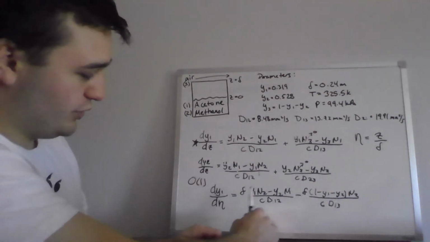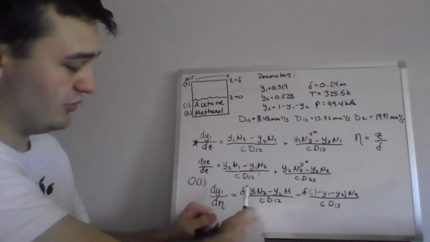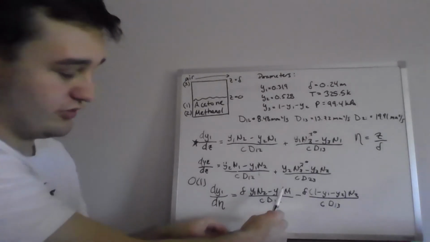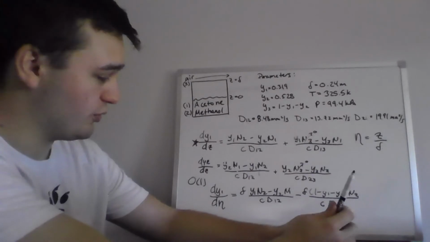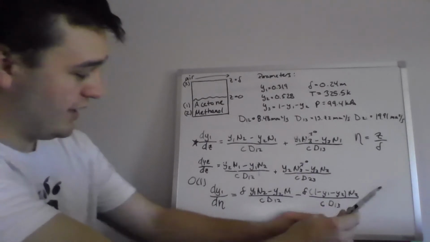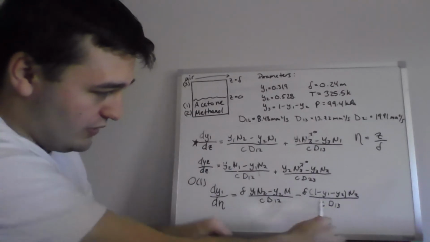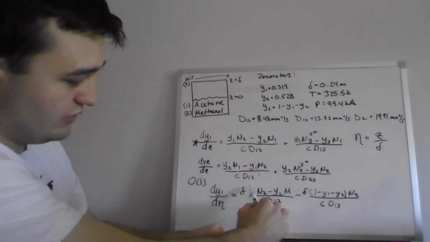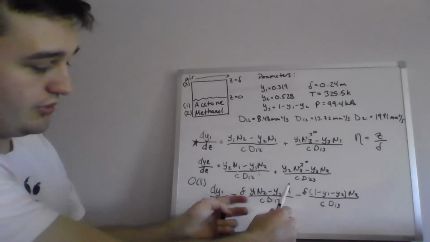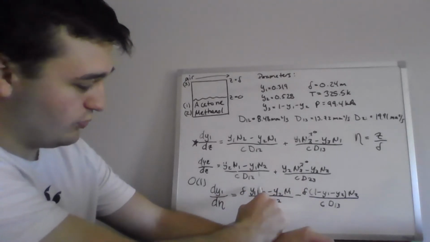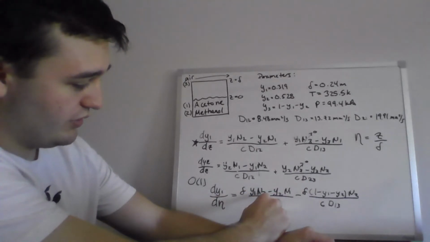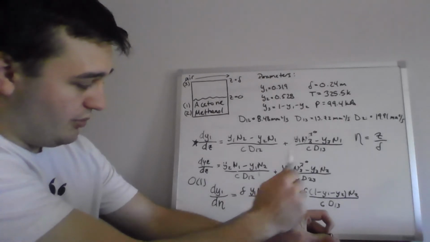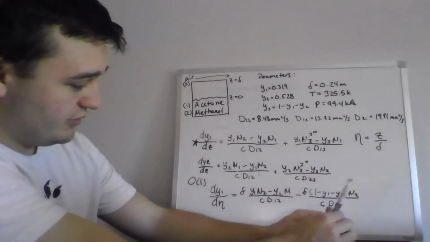So now, back to the order of magnitude estimate, we know that delta is order of magnitude 1. Mole fractions, like I said, have to be between 0 and 1, so the order of magnitude is also 1. Since these are already order of magnitude 1 on the top, we're trying to guess what the order of magnitude of the molar fluxes are going to be.